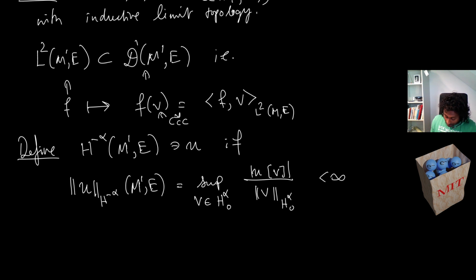So I can think about what happens when U is an actual L2 section. Then, of course you're right, this is given with respect to the pairing, and we can understand exactly what's going on, and in particular the H minus alpha norm from an operator theory point of view. That's what we'll do next time.